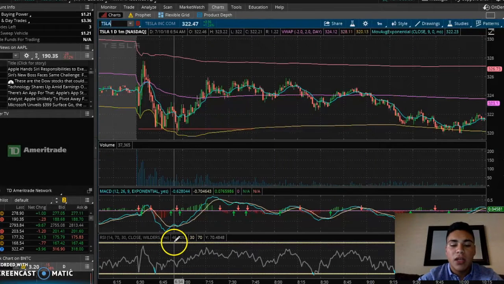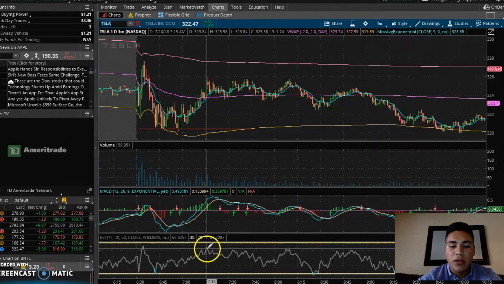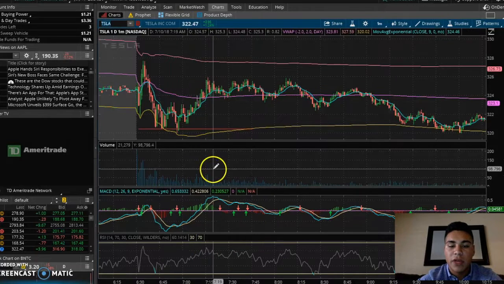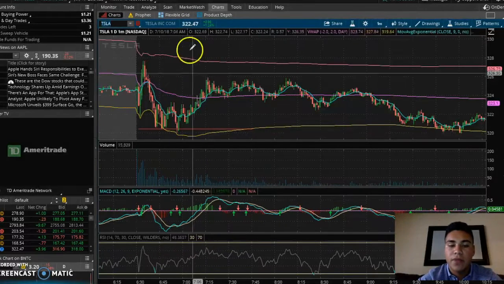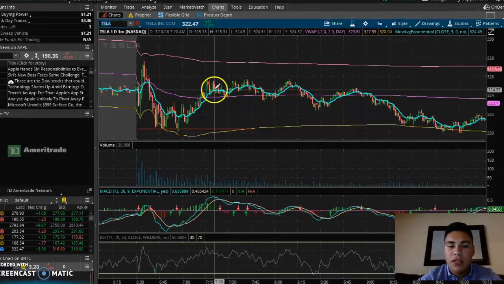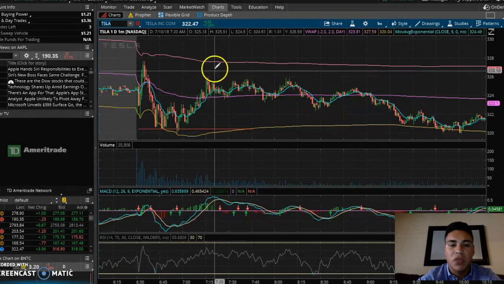And then when an RSI is over 70, that's indicating that it's overbought, right? And so we see this here. When it approaches 70, right here, RSI is down here. When it approaches 70, we see that there's not that much demand anymore because the stock is too expensive.